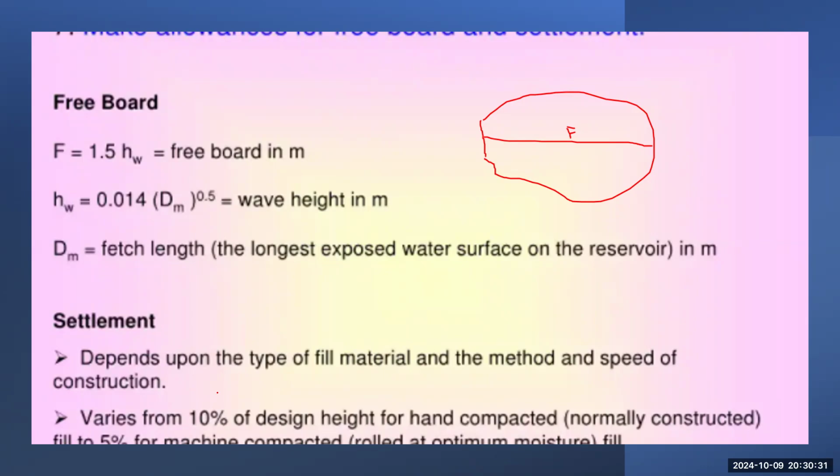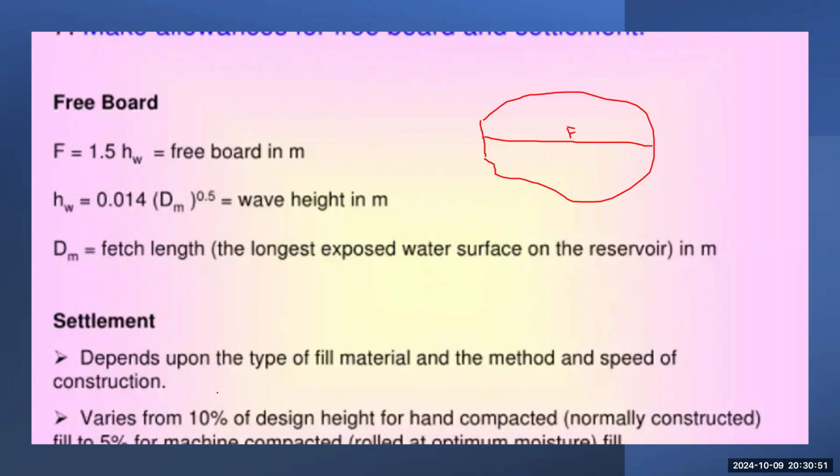With respect to the fetch length, the height of wave can be calculated, and with respect to the height of wave, the freeboard is decided with the formula 1.5 times the height of wave.